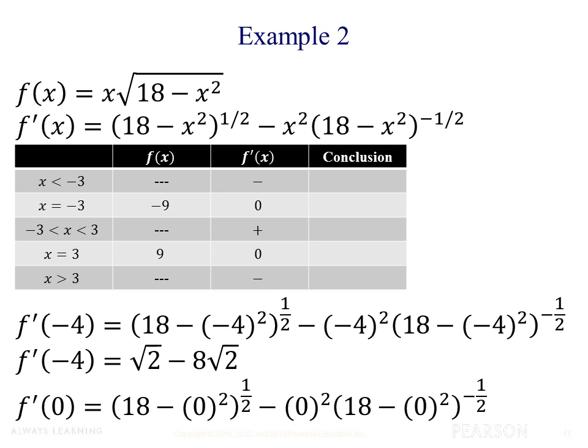For the interval x is greater than 3, I have selected 4. I have not shown the calculation of the value, but it is exactly the same as is the case for the derivative at -4.